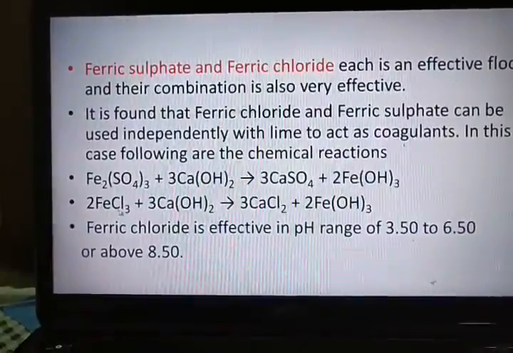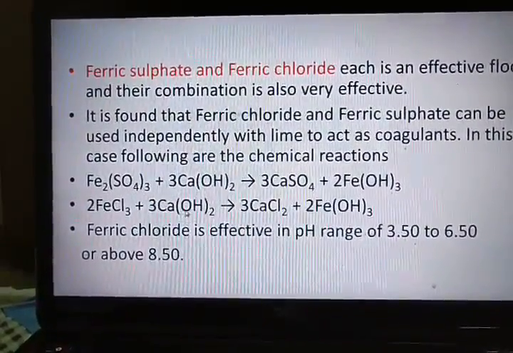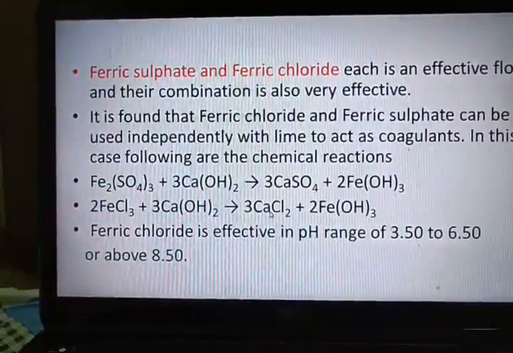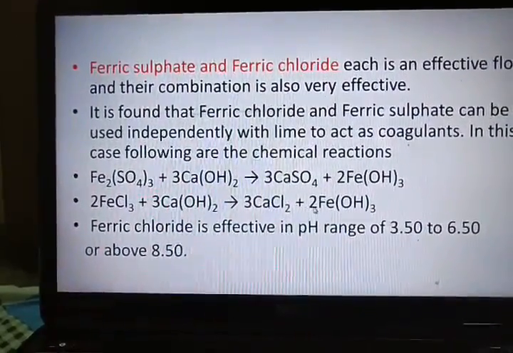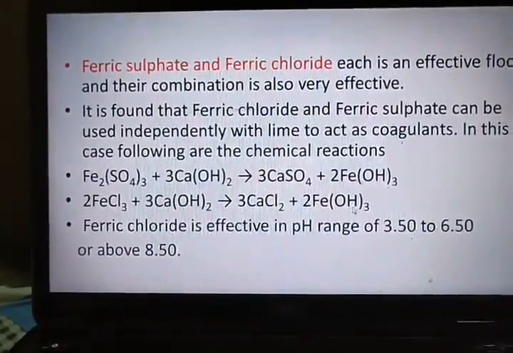If we use ferric chloride separately, the end products will be calcium chloride and ferric hydroxide.